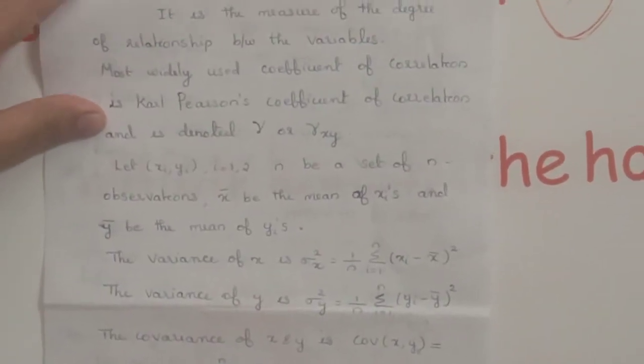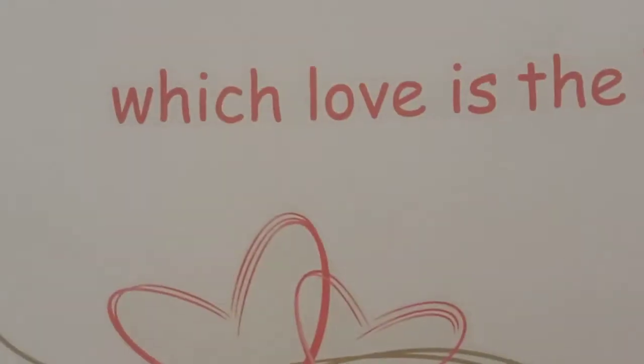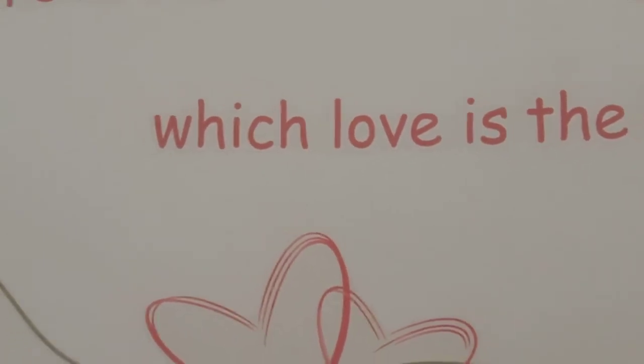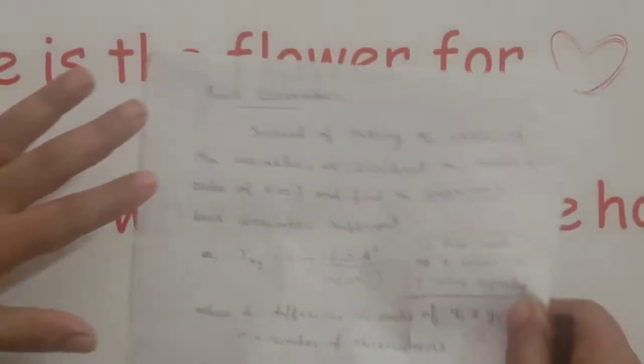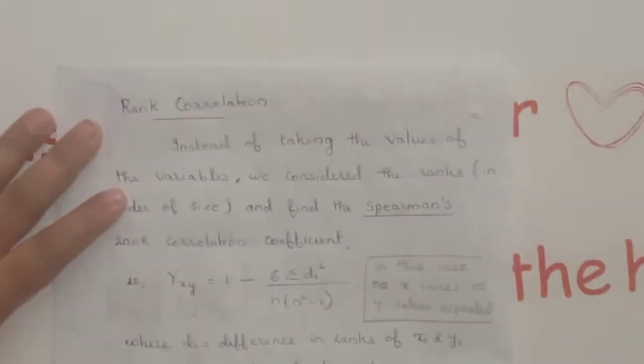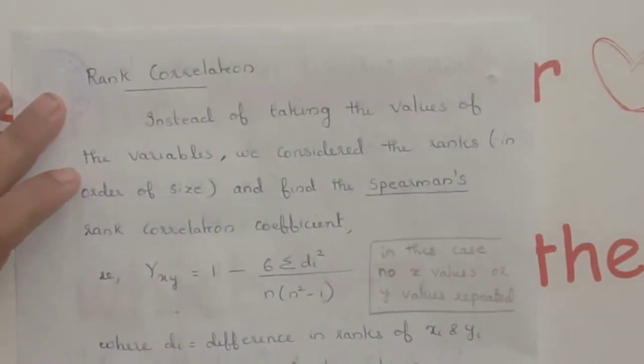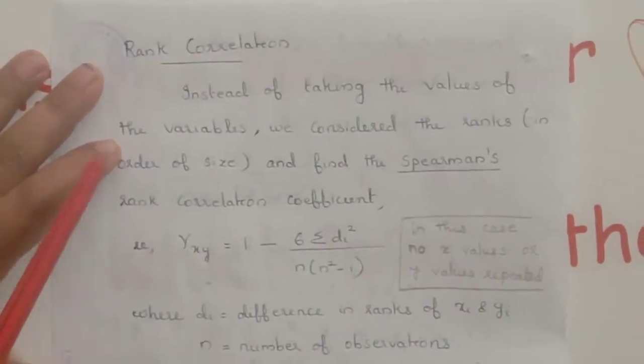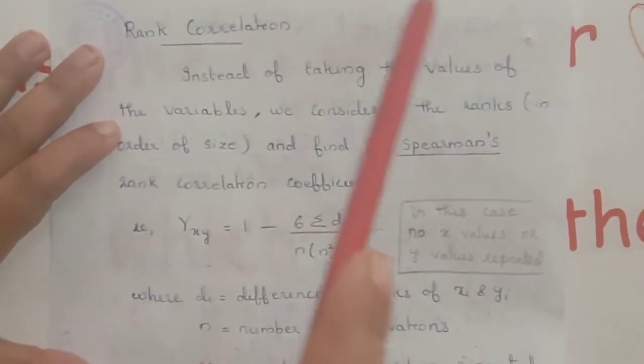And another method is the rank correlation coefficient. Instead of taking the values of the variable, in rank correlation we consider the rank.